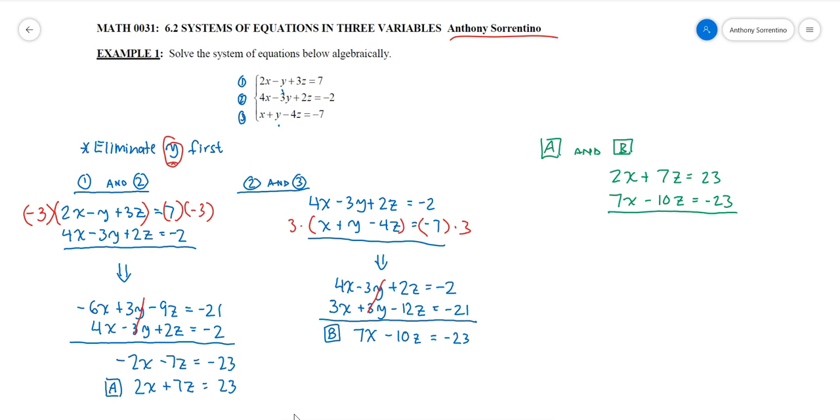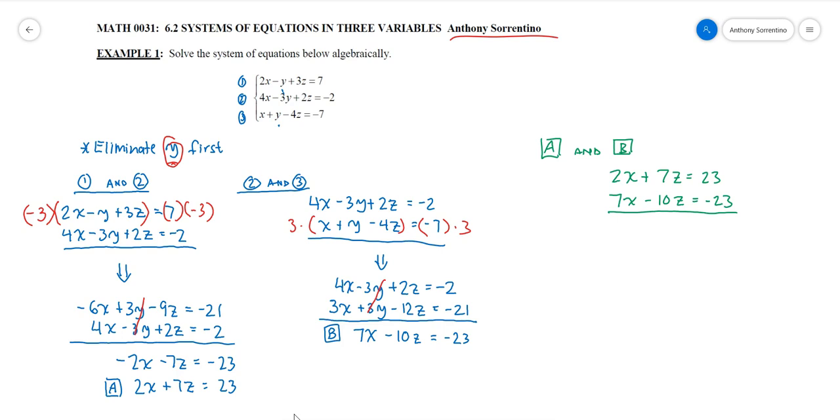And if I do the same thing with the z's, the only thing I would possibly save in the long run is multiplying one of them by a negative, because I already have opposite signs on the z's. But since that's the one that's going to be probably the least complicated, so choosing which one, either the 2x or the 7x, to be multiplied by -1 and then multiply everything by -1, making sure to distribute it correctly, I chose to leave the signs alone, and I chose to eliminate the z.